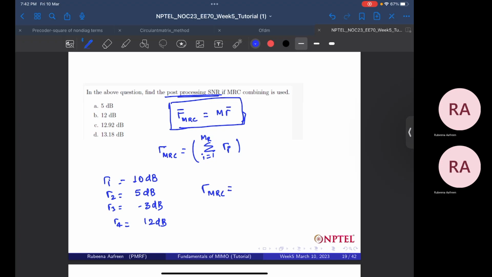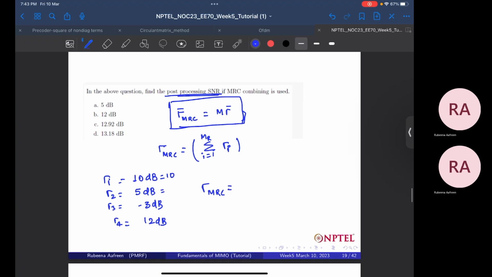I'm not sure what the answer is, but maybe we can do the calculation. This 10 dB is 10 only. 5 dB is 10 to the power 0.5, that is 3.16.